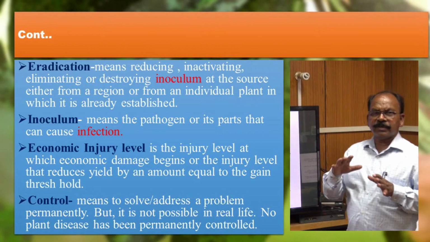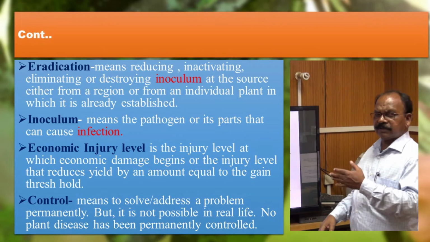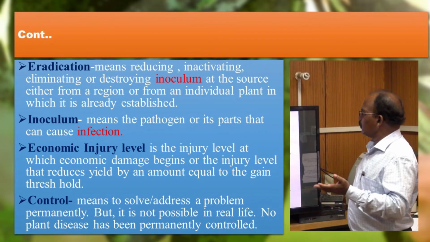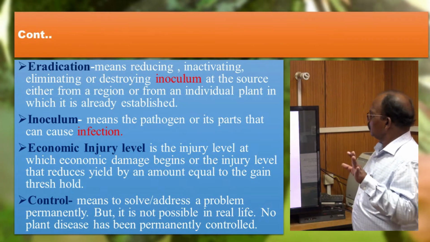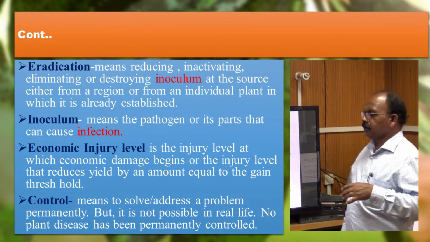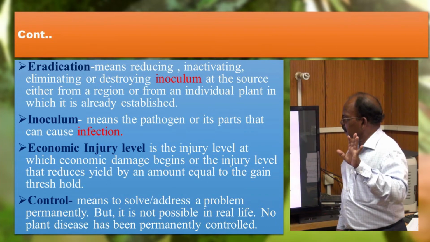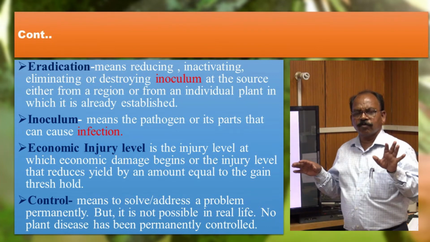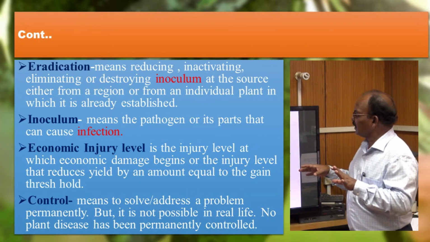What do you mean by eradication? Eradication means reducing, inactivating, eliminating or destroying the inoculum at the source, either from the field or from the individual plant in which the pathogen is already established. That is eradication. Eradication is one of the basic principles of plant disease management.